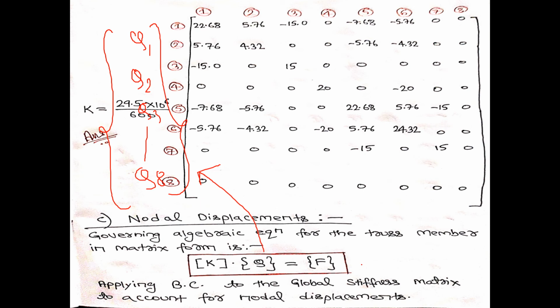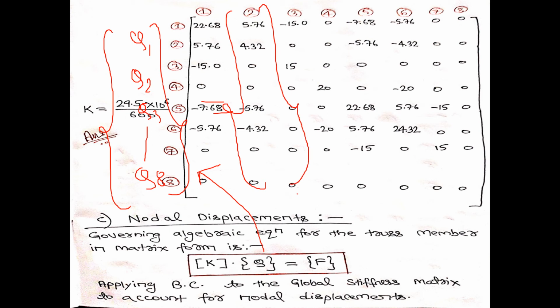Since displacement takes place along x and y direction, let us assume that each nodal joint can displace along x as well as along y direction. So each node will have two components, and this force vector will also have two components.